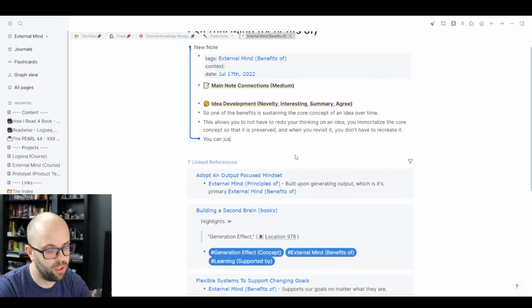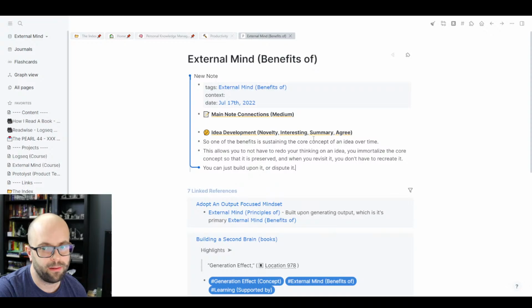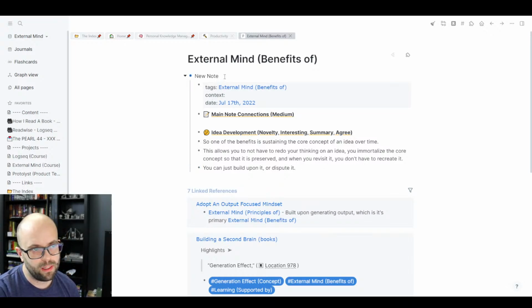You can just build upon it, or dispute it as well, taking in that kind of side thought that I had. So now I think that's the core of the idea, and I'm just going to write it out on my index note.